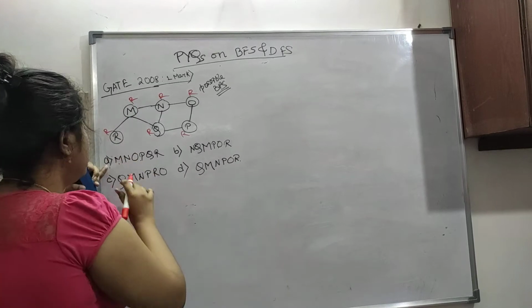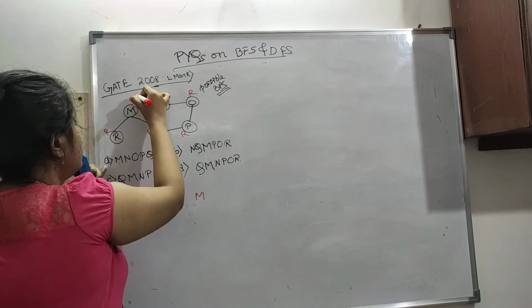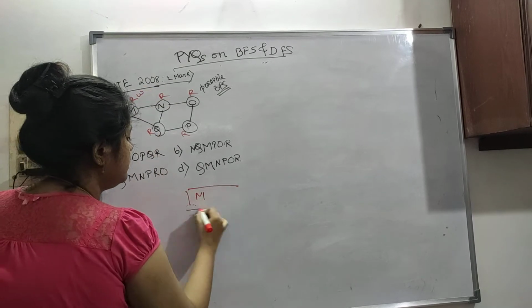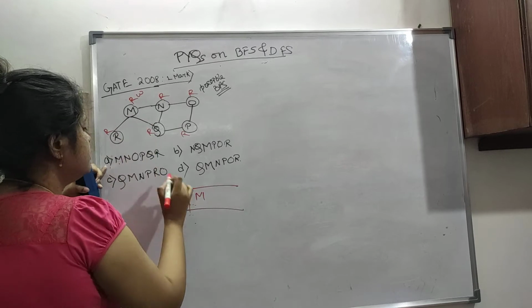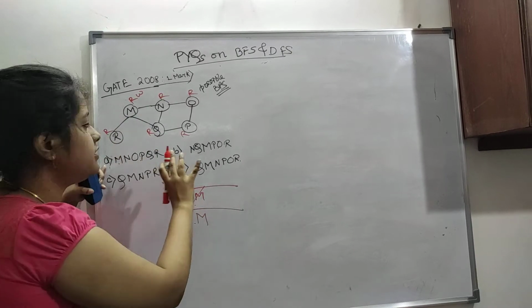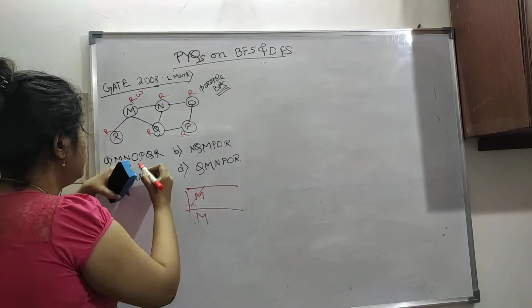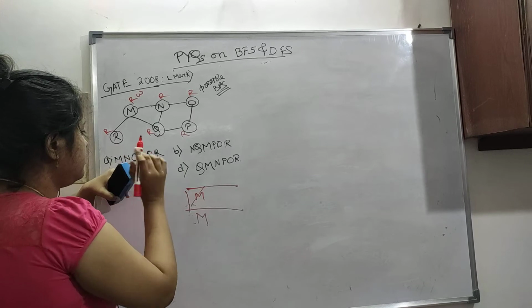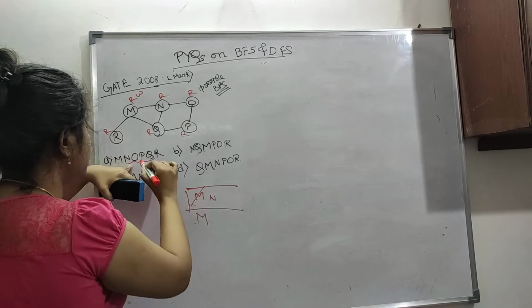So m is our starting vertex. m is put in Q and its status is changed to waiting. Since it is waiting, drop it from the Q, and all the adjacent vertices are kept in the Q. Here, let's see the option: one after another, n is coming. Yes, it's okay since it is adjacent.